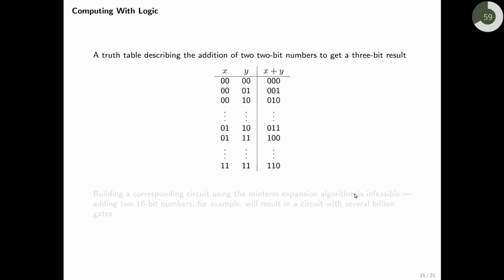Now let's talk about doing arithmetic with logic. What's shown here is the truth table describing the addition of two 2-bit numbers to get a 3-bit result.